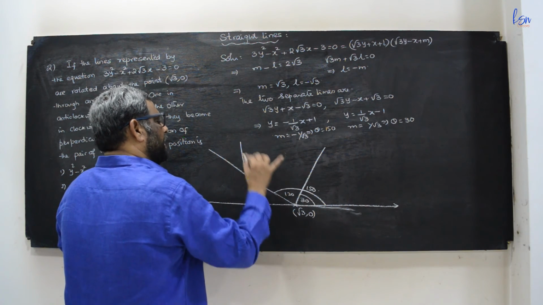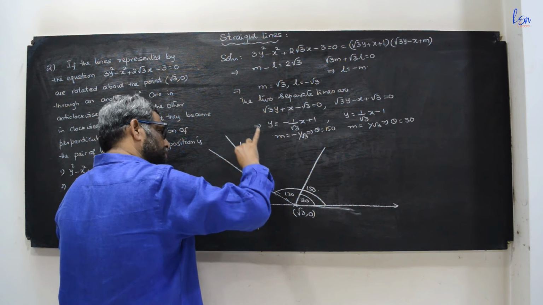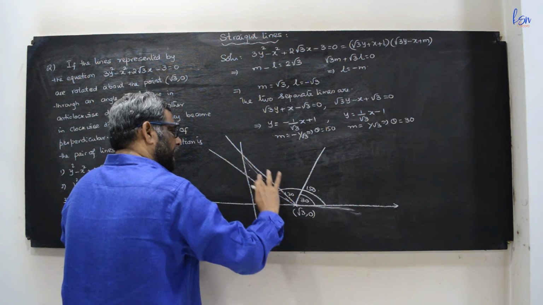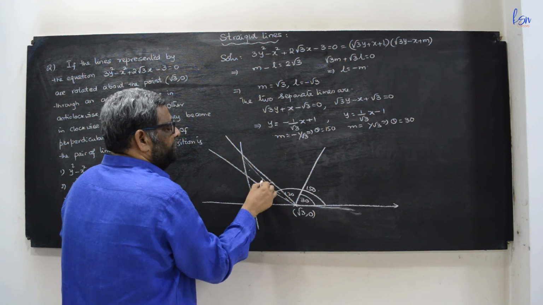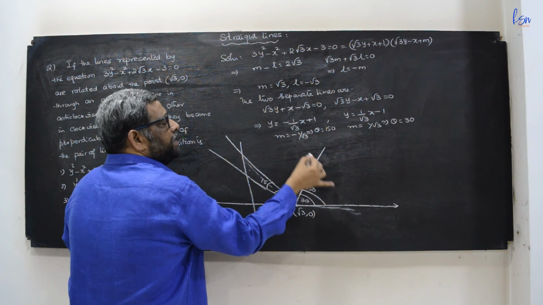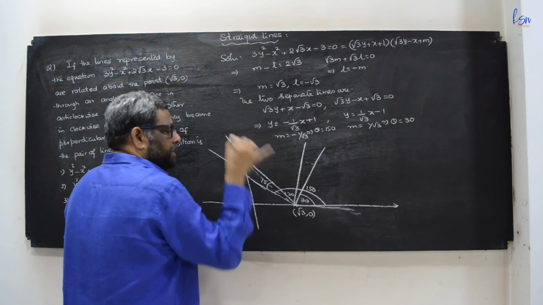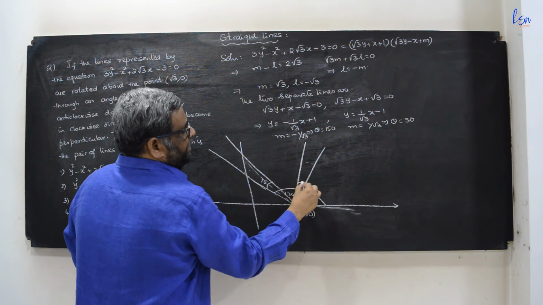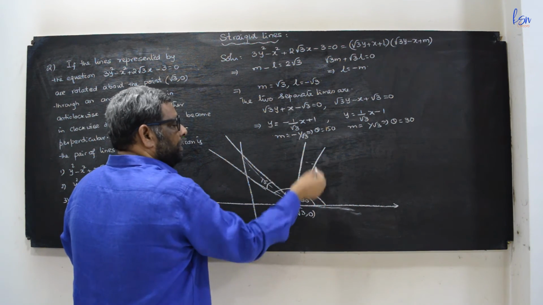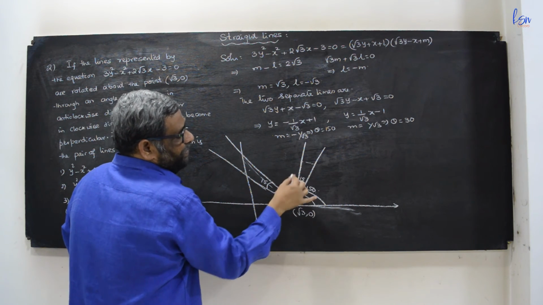So this line will come like this, and it will be the new line you are getting. This angle is 15 degrees, rotated in the anti-clockwise direction. The other is clockwise, and this angle is also 15. Therefore, this line will become like this, and the complete angle is 45 degrees.